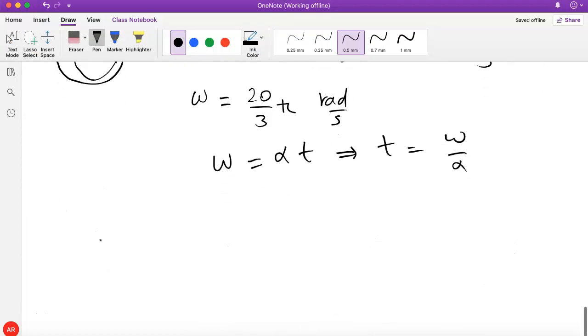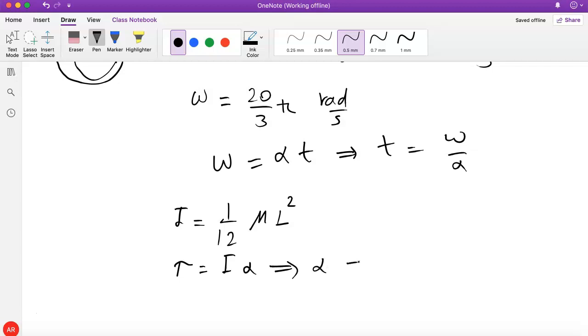So the relevant moment of inertia, I, is going to be 1 over 12, if we look up the correct expression in the table of moments of inertia, times m l squared. And we know that tau is equal to I alpha, the rotational counterpart of F equals m a. So alpha becomes tau over I.